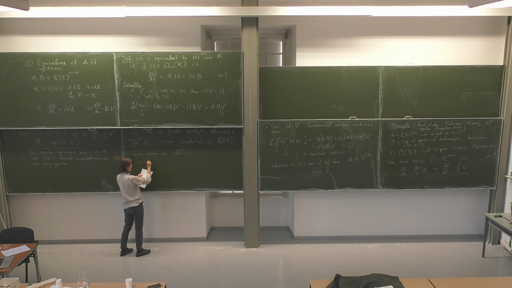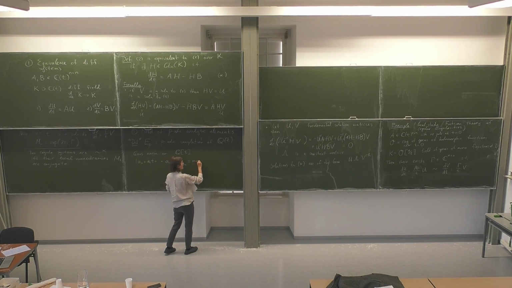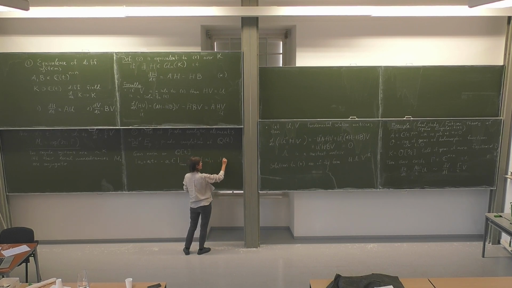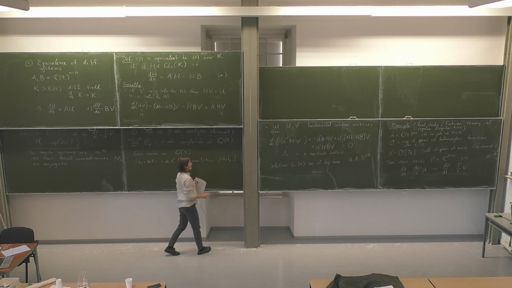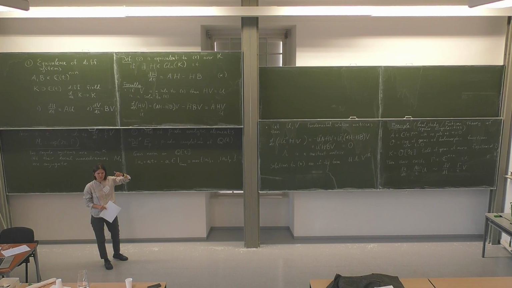A polynomial will have the norm, which is the maximum of p-adic norms of its coefficients. And the p-adic norm of a rational number is p to the minus the power of p which divides this rational number.